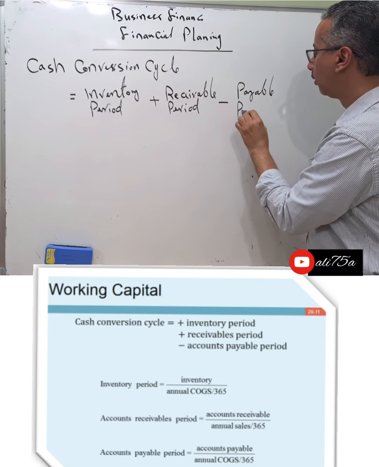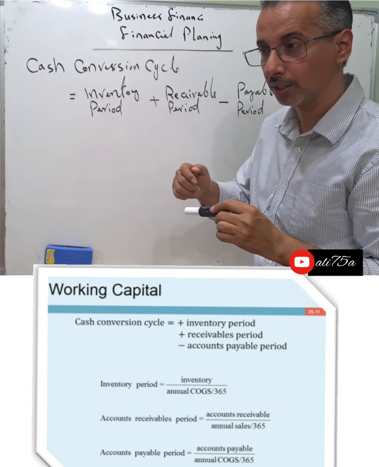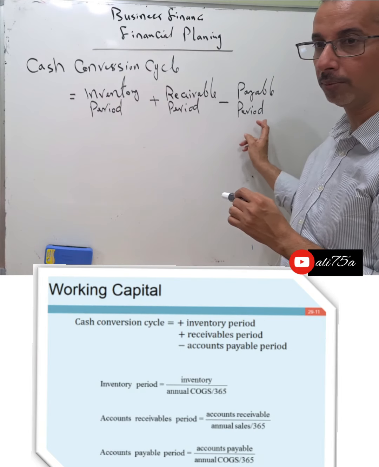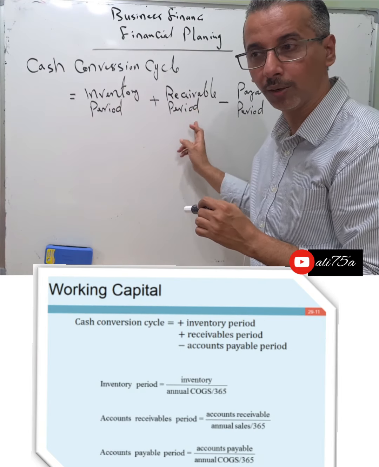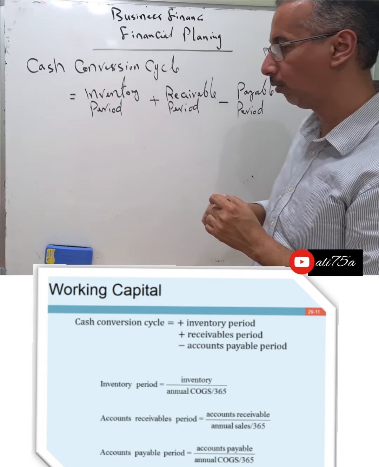The receivable period is how many days our account receivable needs to be collected. The payable period: when we purchase, how many days do we take until we pay the account payable? So how many days we need to collect our account receivable, and how many days we keep the inventory in our stock.